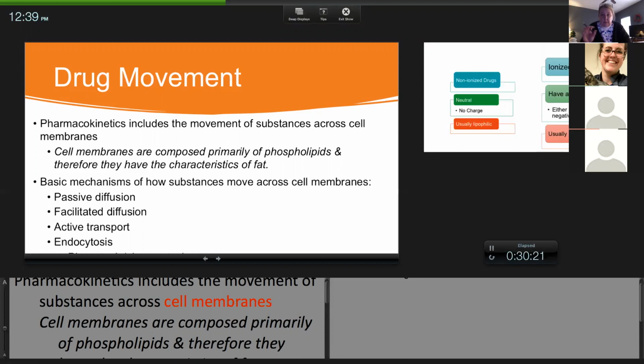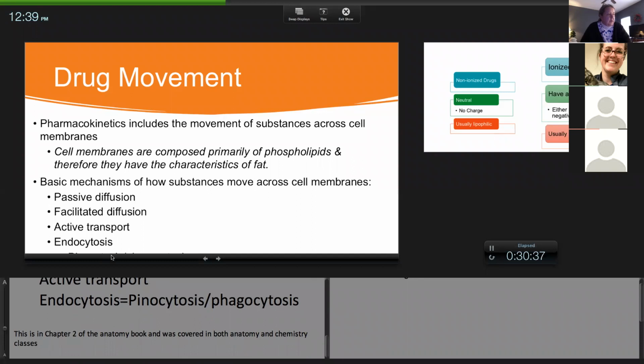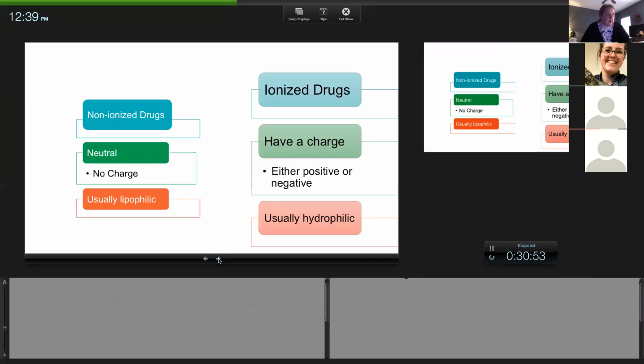Active transport needs a molecule to actually move it into a cell membrane. Sometimes the cell is going to engulf it, endocytosis, bringing it into the cell itself. Endocytosis includes pinocytosis and phagocytosis, which you'll see in your anatomy book, whether the cell eats it or attaches and pulls in the fluid. There's a couple different ways.